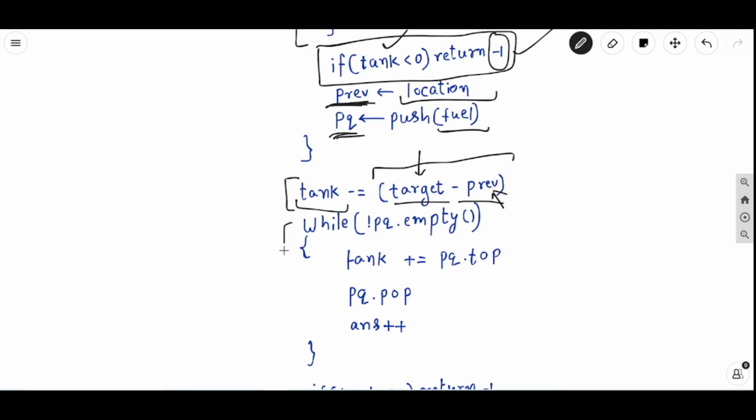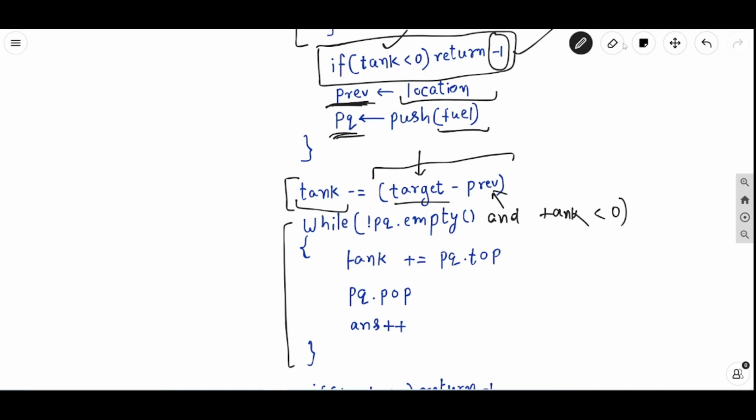Now again I repeat the same step: iterate over the priority queue till the priority queue is not empty and the tank variable is negative. I forgot to mention this condition earlier.